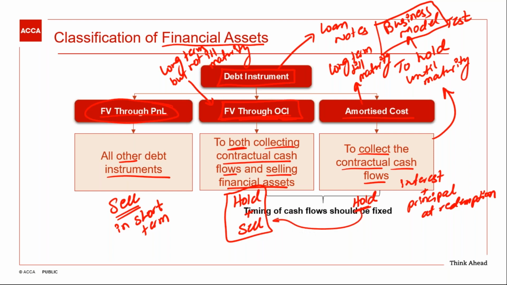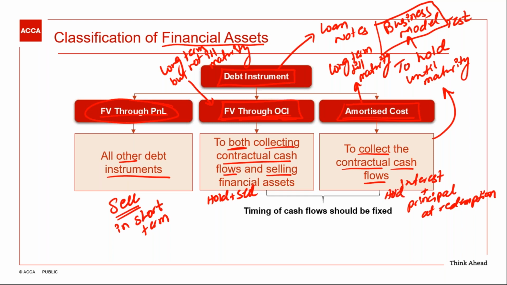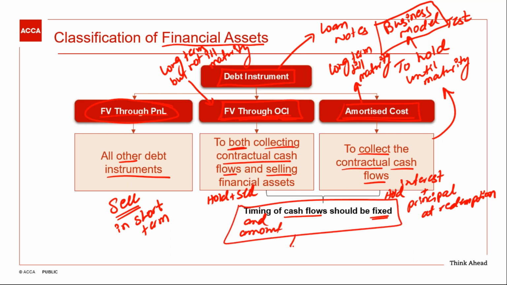Now the next thing is that to be classified in OCI and amortized cost, there is one more thing, which is that the timing and amount of cash flows should be fixed, which is known as the cash flow characteristic test.